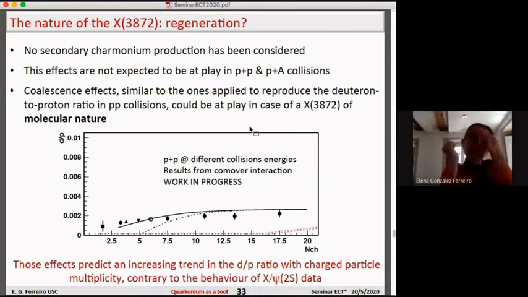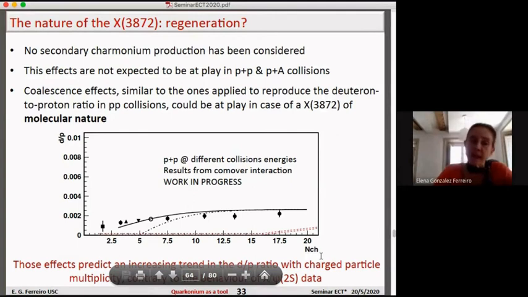But imagine that the molecule is so big that maybe there is a phase space where you can apply those effects. In that case, you are not going to obtain a suppression according to LHCb results. You are going to obtain an enhancement with the number of charged particles, as you can see here.